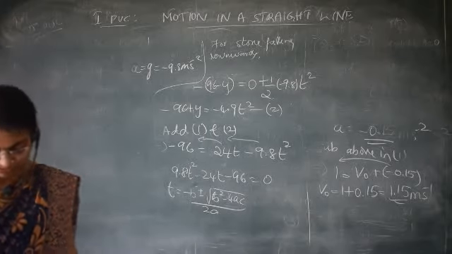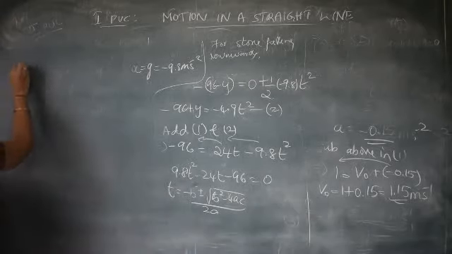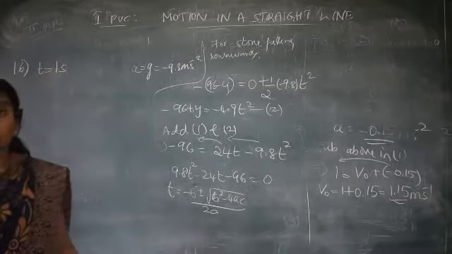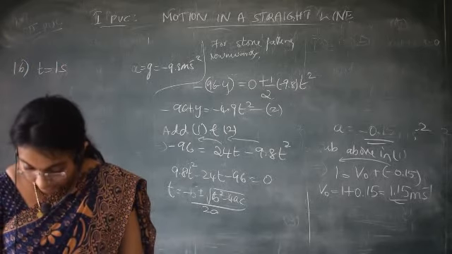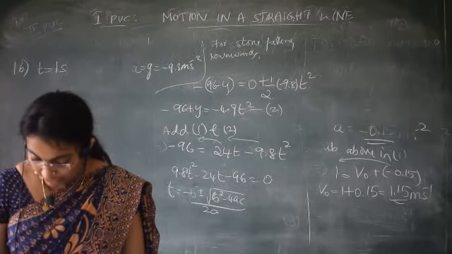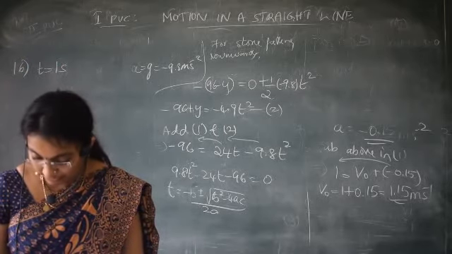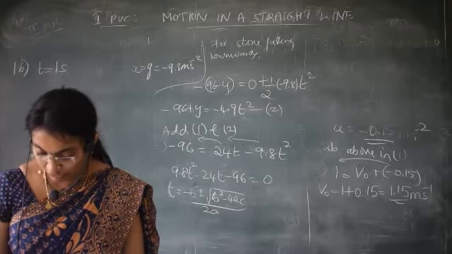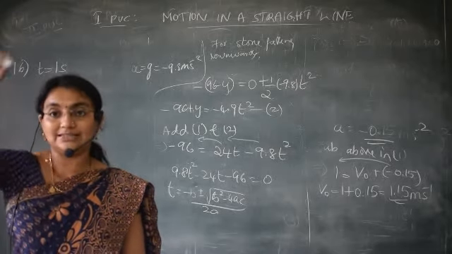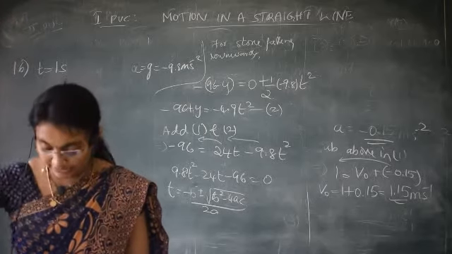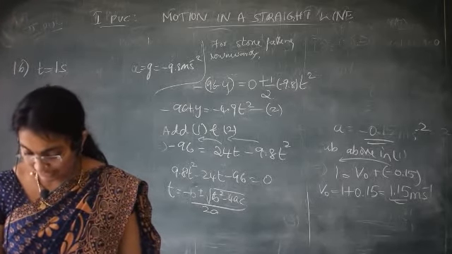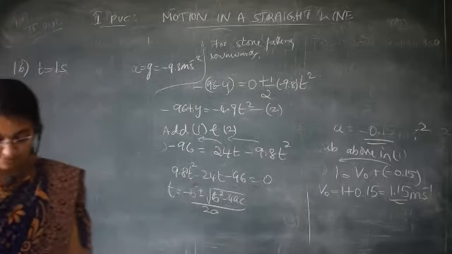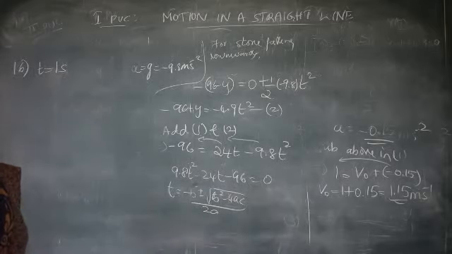Okay, time is 1 second. The next ball is thrown when the earlier ball thrown becomes 0, so it has reached the top. Now we are throwing the next ball, correct? So to what height does the ball rise? Maximum height to which the ball rises.